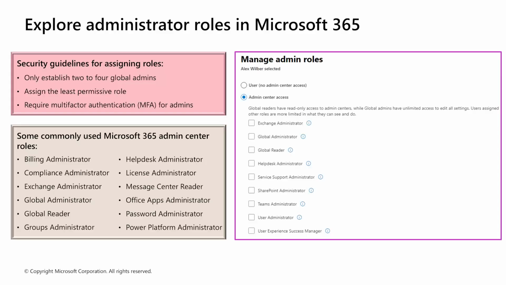Why should we not do that? Because if on-premises Active Directory is compromised, your admin account is also compromised. So only establish 2 to 4 global admins, assign the least privileged role, and require multi-factor authentication for admins.